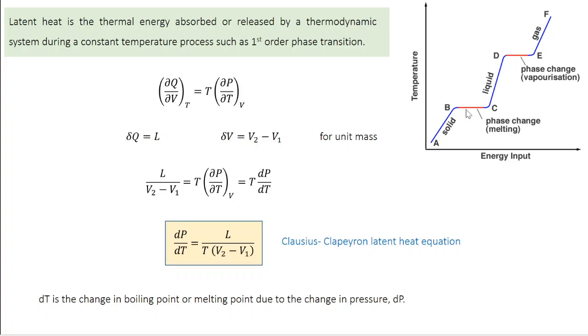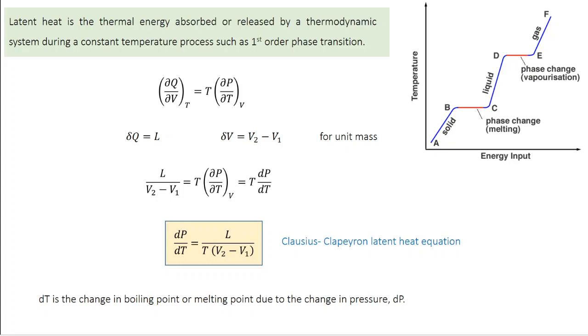So in the first region, the solid phase is getting converted into liquid phase, or this is the melting region. Similarly, in the second region, the liquid phase is getting converted into gaseous phase. This is the vaporization region. So during these two processes, phase change is happening and the temperature is remaining as a constant, right?